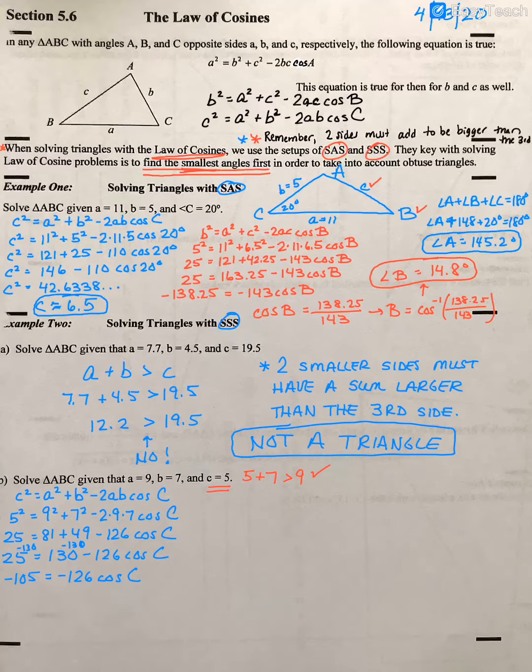Now to get that C by itself, you start by getting cosine C by itself. So if I want to get cosine C by itself, I'm going to divide by the negative 126. Negative 105 divided by negative 126, I'm going to leave as a fraction, except a negative divided by a negative is a positive, so I can go ahead and drop the negatives off. So cosine of C is equal to 105 over 126. And again, do you remember, how do we find C? We're going to use our inverse function.